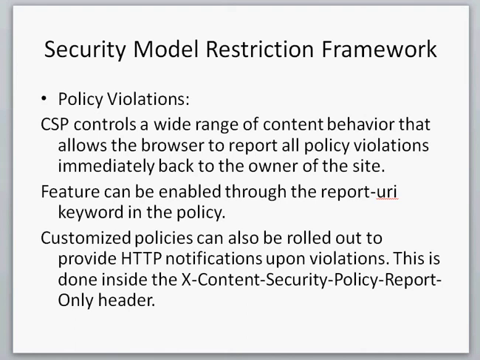It's basically an environment of awareness. With this information, the owners of the site can notice that there have been violations and a possible loophole for attacks, and at that point they can decide what measures to take. Features can be enabled through the report-uri keyword in the policy.